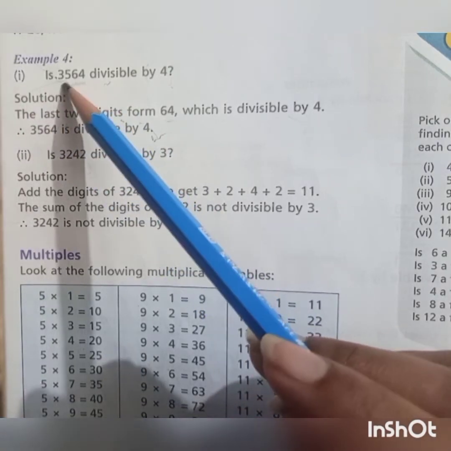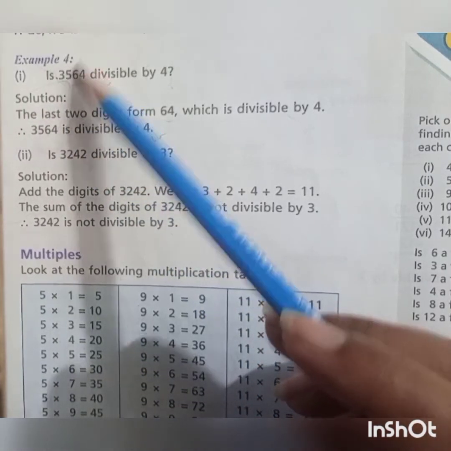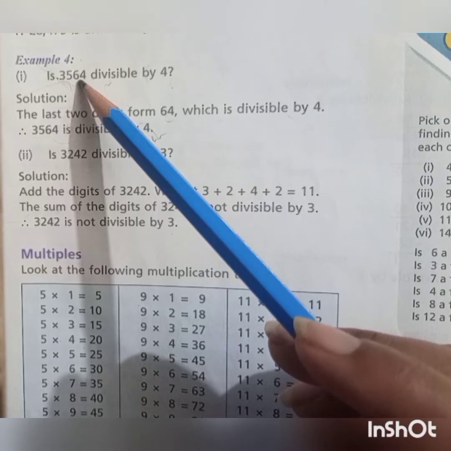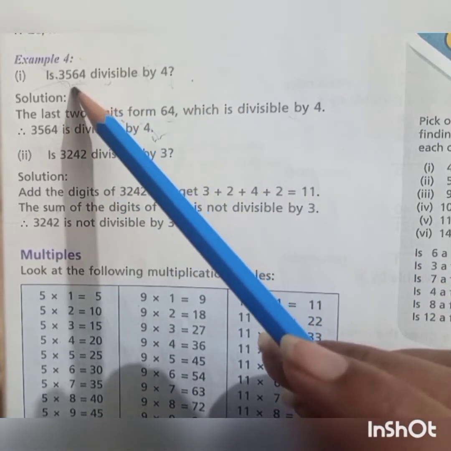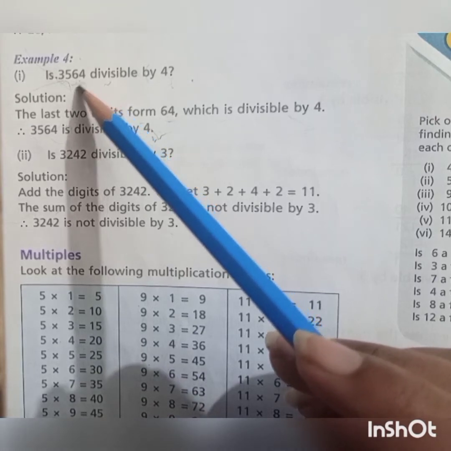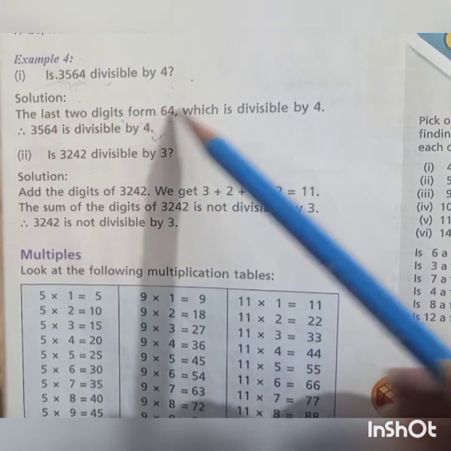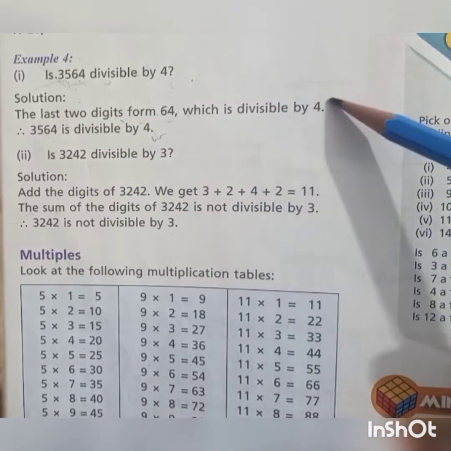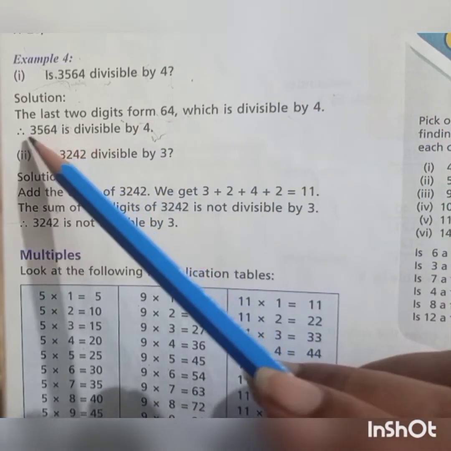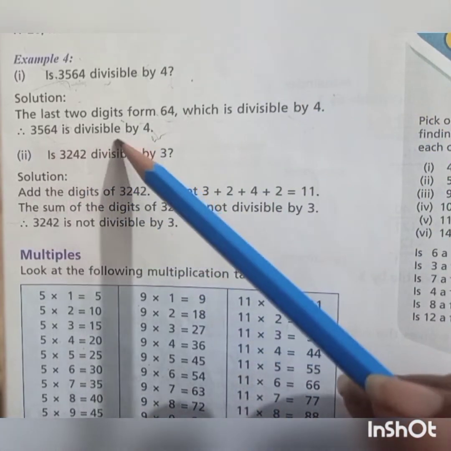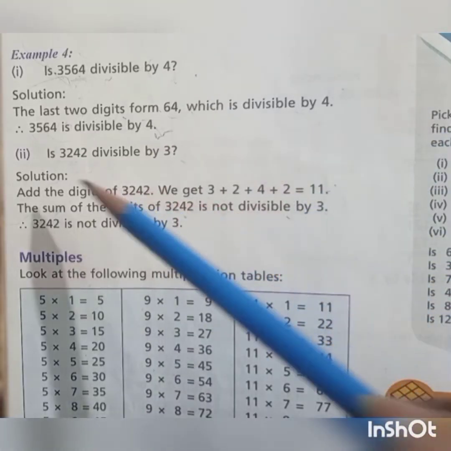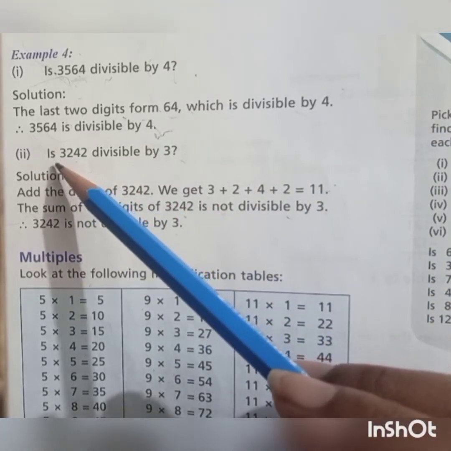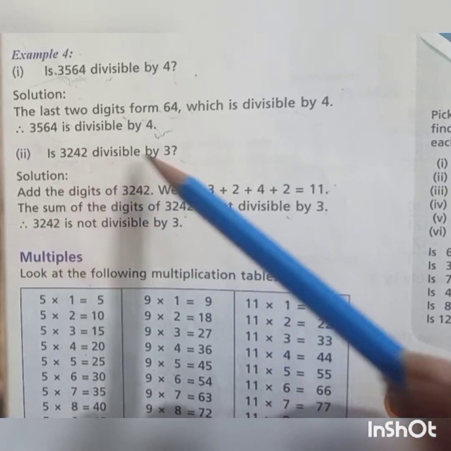And the example is, example number 4, part number 1: is 3564 divisible by 4? So we can see here that the last two digits are a multiple of 4. Hence the last two digits form 64, which is divisible by 4. So we can say that 3564 is divisible by 4. Part number 2 is: is 3242 divisible by 3?